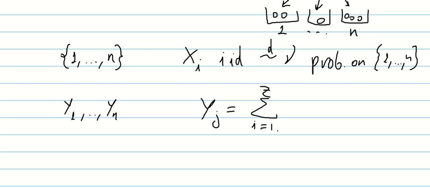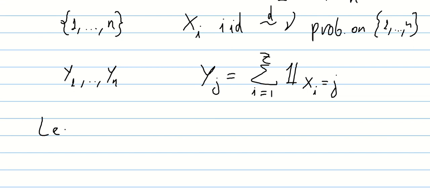So we take all the balls, but we only count one if xi is equal to j. So we just count the ones that have xi equal to j. And this gives us the number of balls in bin number j.